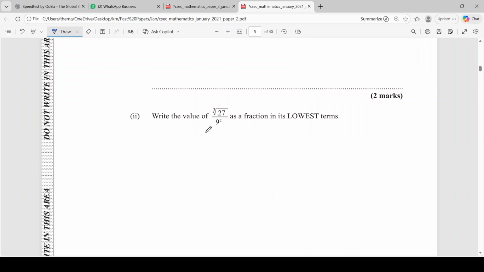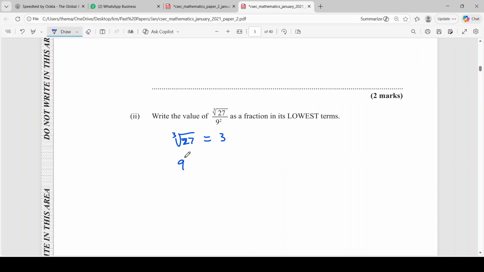When you find the cube root of 27, let me write it here, cube root of 27 would be 3, right? Cube root just means you want to find what number, when you multiply it by itself 3 times, gives you 27. So 3 by 3 by 3 is 27, or use your calculator and we get that.